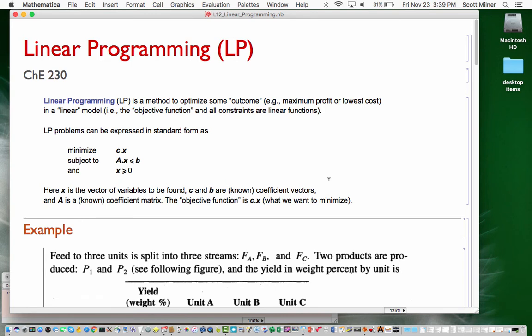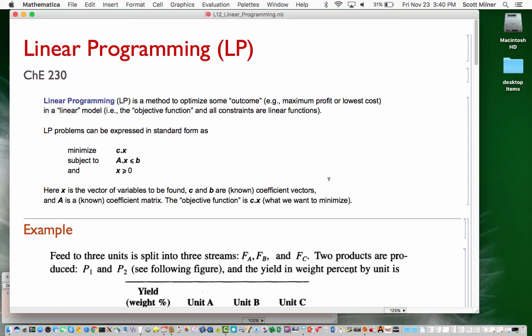So as I said, linear programming is a method to optimize some outcome, to maximize profit or minimize cost in some operation, in a circumstance in which the function that says what the profit is, as a function of the things that you can vary, the inputs to some plant, is a linear function of the things that you can vary, and all of the constraints on the things you can vary are also linear functions.